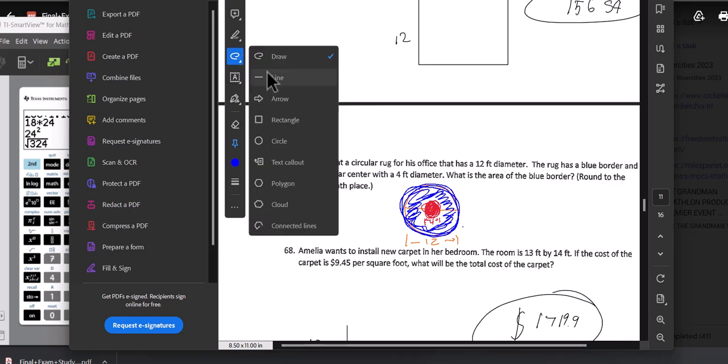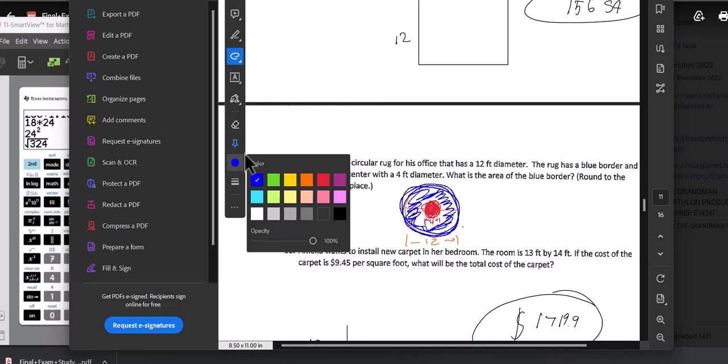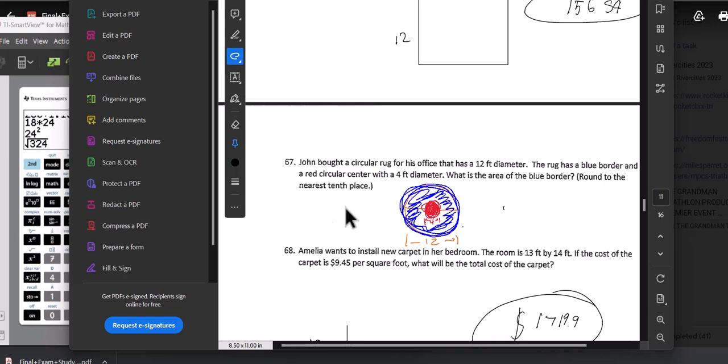So I want the area of the outside minus the area of the inside. So the area of the outside is, I'll call it pi big R squared minus pi little r squared.